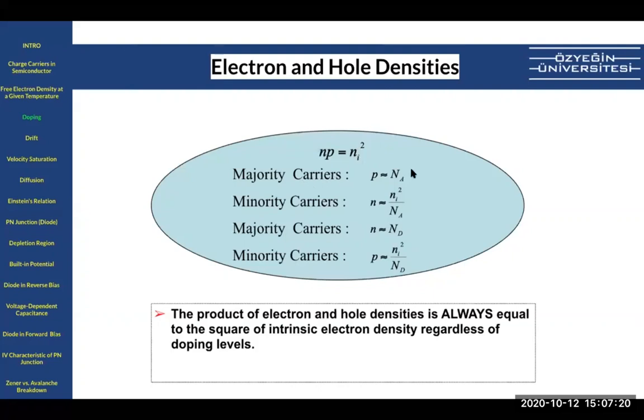So let's say the majority carriers are from boron, right? So we add Na, the number of added borons. That means it has this many holes in the circuits. So we can equate them to each other.